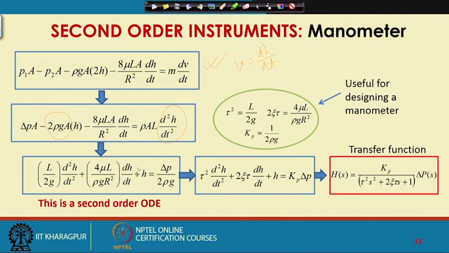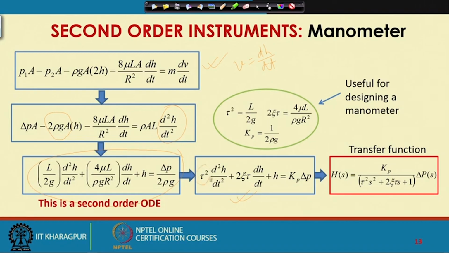So, if we do that, I will get this equation. Look at this equation. This equation is a second order ordinary differential equation. So, if I call this tau squared, this is tau squared d squared h/dt squared. If I call this 2 zeta tau dh/dt plus h, and if I call 1 by 2 rho g as k, this is k into delta P. So, this is the equation we finally get.